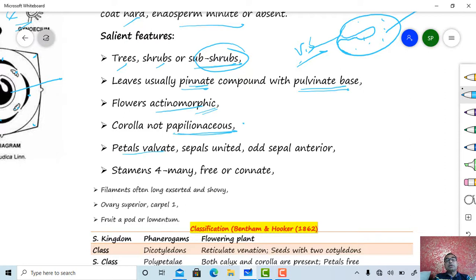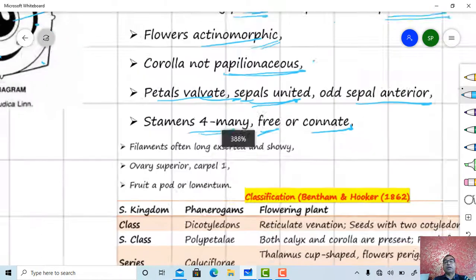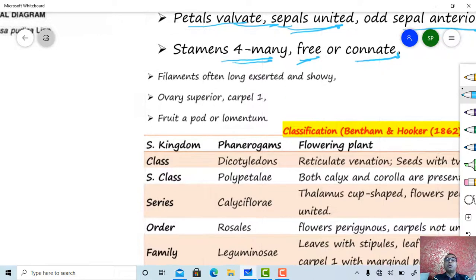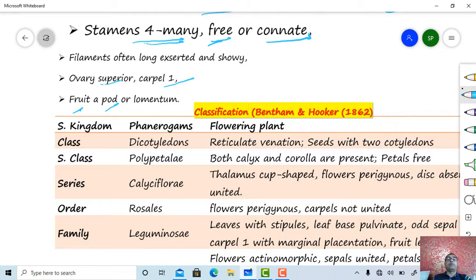Then petals as well as sepals, both are valvate. Sepals united, odd sepal is present anteriorly. Stamens 4 to many, free or connate. Filaments often long, exserted and showy. Ovary superior, monocarpellary, and fruit either pod or lomentum type.